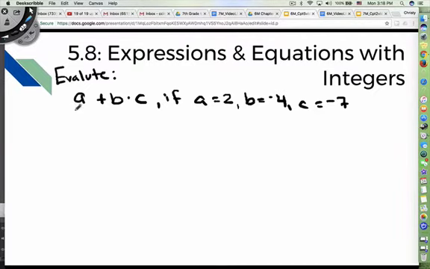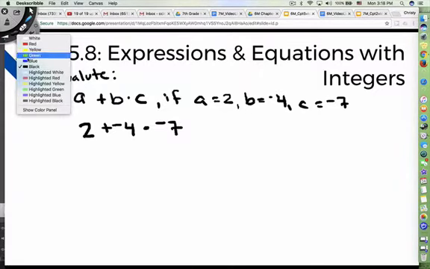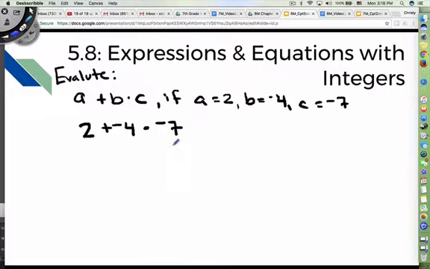So we plug in. The next step is 2 plus B, which is negative 4, times a negative 7. Now, what do we have to pay attention to? Order of operations. So you are looking for what goes first. Multiplication goes first, so we circle what goes first.